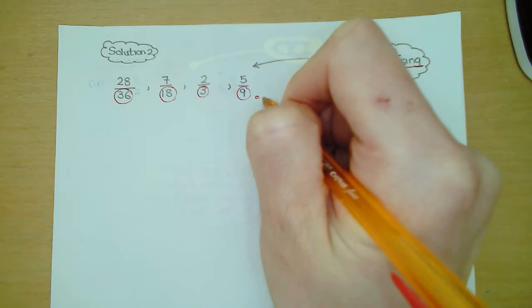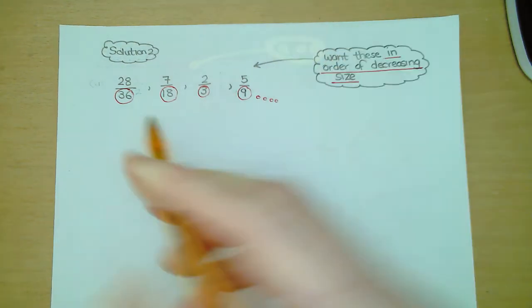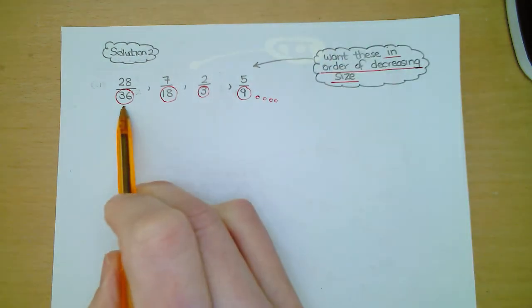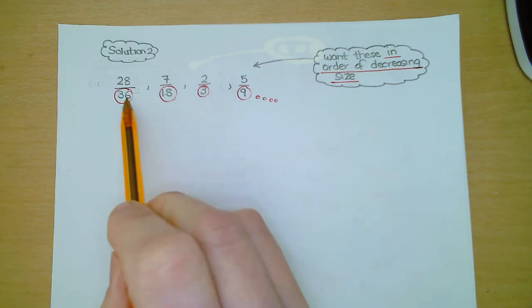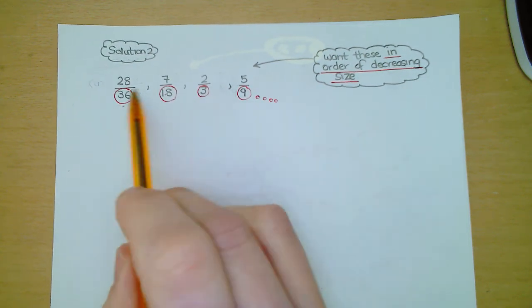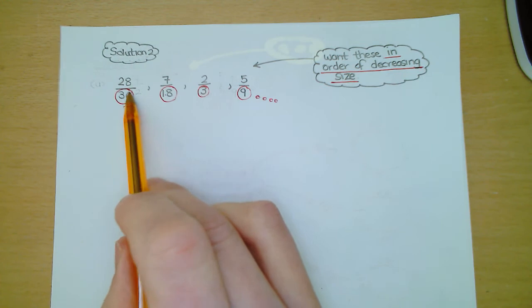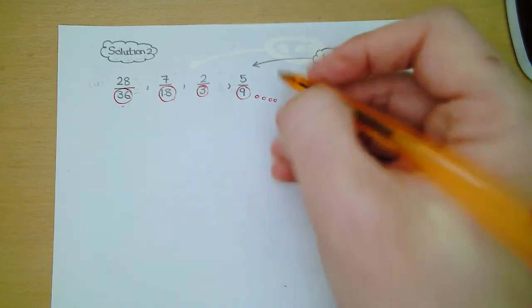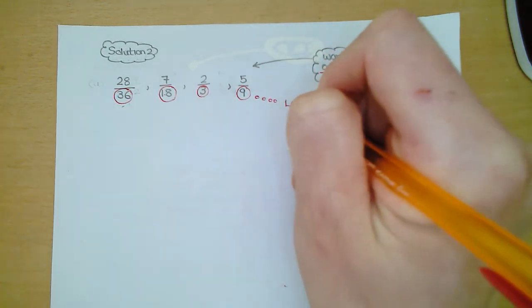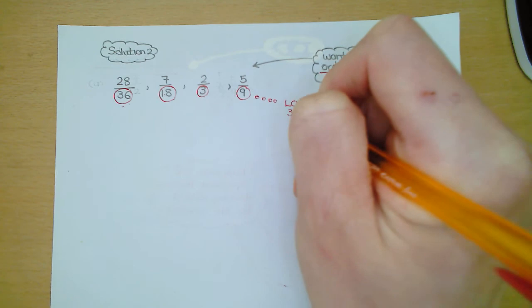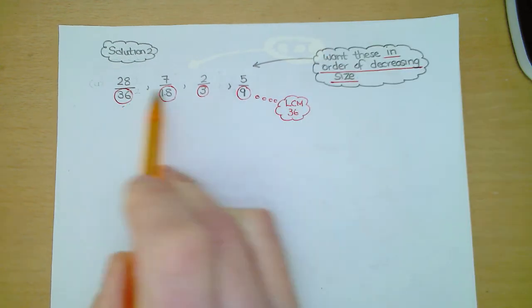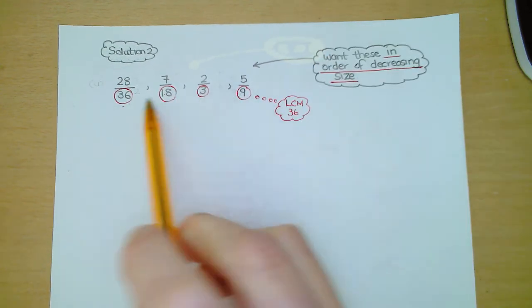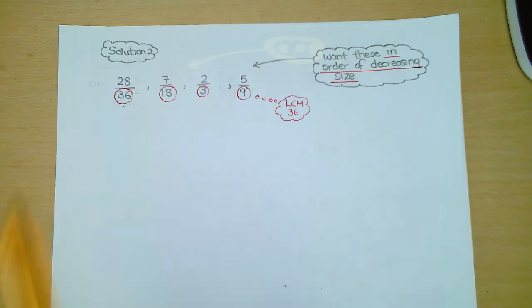So the smallest number that they all go into is 36. 18 goes into it twice, 3 goes into it 12 times, 9 goes into it 4 times, and 36 goes into itself once. So the LCM of all the denominators is 36. So we're going to write every single fraction here as an equivalent fraction with a denominator of 36.